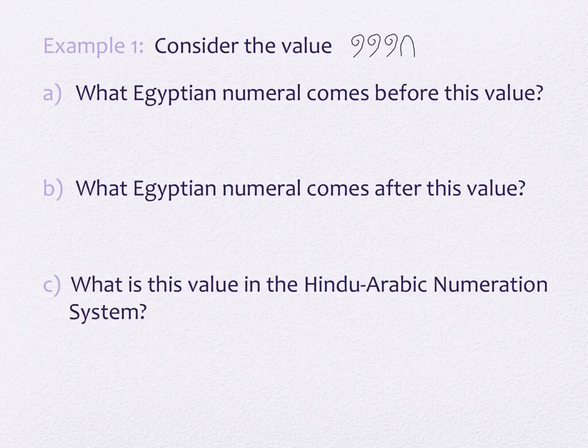So what do I have to do? Go ahead, Kinsey. Write the 3 and then 9 of the vertical staffs? Right. So we take our 3 scrolls we already have, and then I exchange my heel bone for 10 strokes, because that's what it's worth, and then I take 1 away, which leaves me with 9 of these.